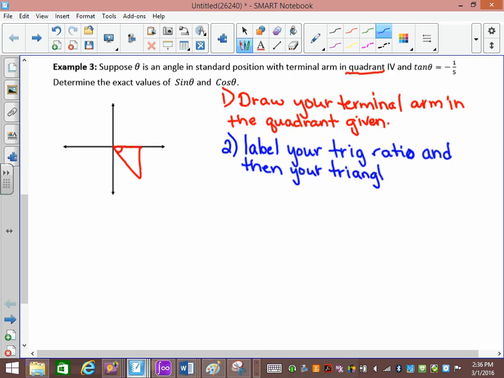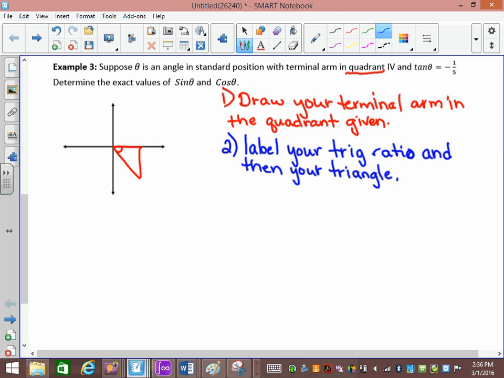So yesterday we were always given x and y because we were given a coordinate, right? And we always had to find r. But now we might be given x and y, or we might be given x over r, or y over r, depending on what trig ratio we're given. In this case, we're given tan theta equals -1 over 5.